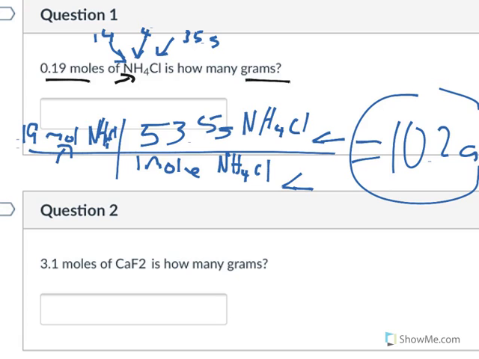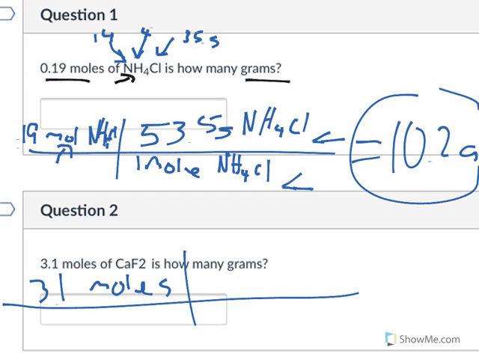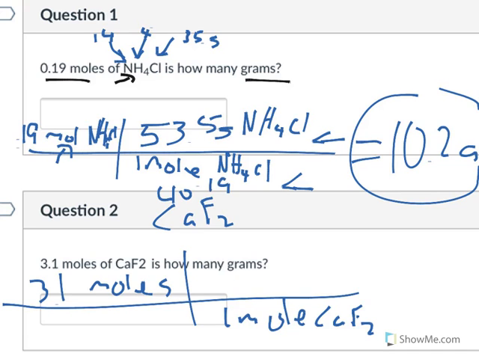This one down here, we do the same thing. We'd start with 3.1 moles. We would do 1 mole down here, and we should write the unit in there as well. In this case it's CaF2. Find the molar mass of CaF2. Ca is 40, F is 19. We have 2 of them, so that's 19 plus 19.